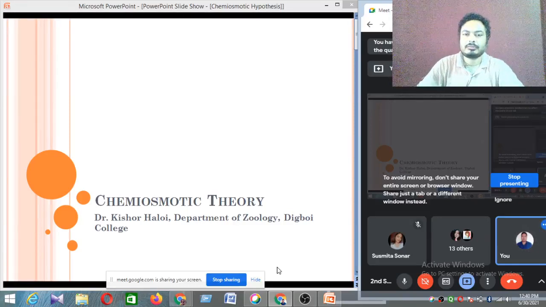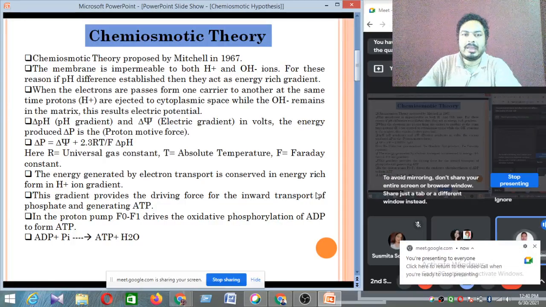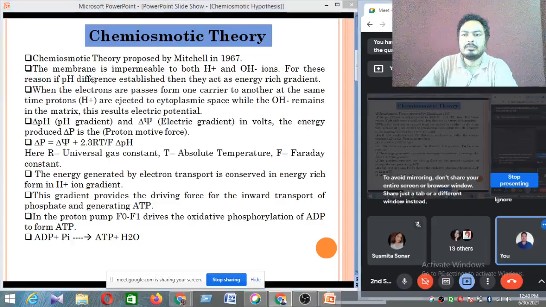Now you can see the chemiosmotic theory. The chemiosmotic theory was first described by Mitchell in 1967. You can see the membrane is impermeable to both H plus and OH negative ion.